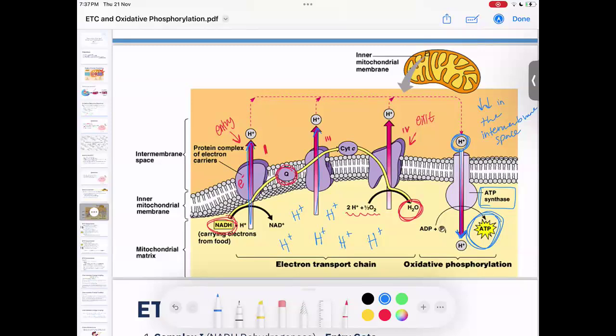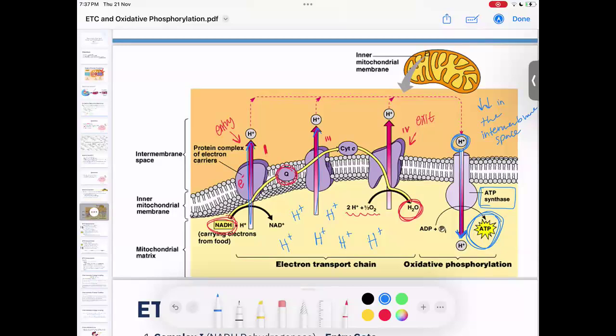But to drop off an electron, they need to also kick out the proton. Where do they throw the proton? They throw it in the matrix. And the electron goes to complex 1. The electron will move from complex 1 to coenzyme Q to complex 3, cytochrome C, complex 4, and then it will be taken up by the terminal electron acceptor, which is oxygen. And then oxygen is going to bind with the proton and form water.